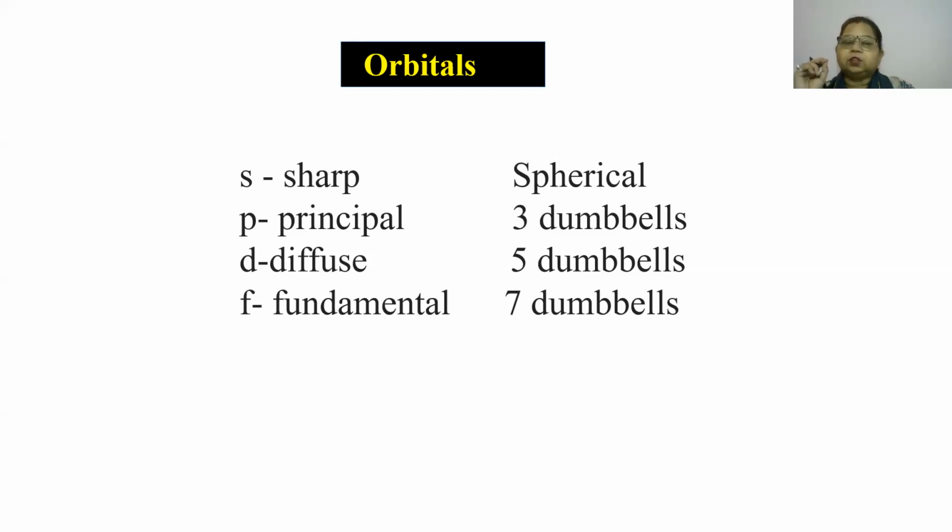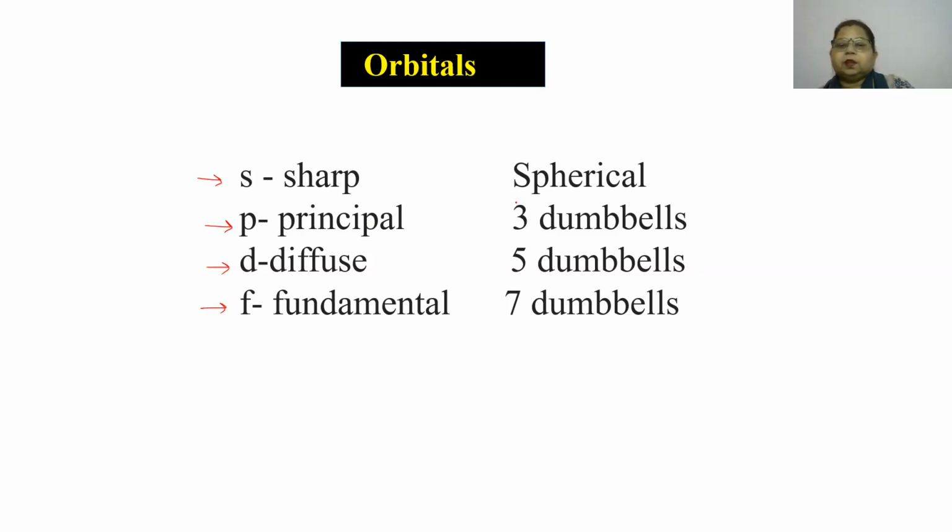But we need to focus only on s, p, d, and f. Here, s, p, d, f do not have the meaning of sharp, principal, diffuse, or fundamental. It is just to indicate the name: s orbital is obtained from the word sharp, p is principal, d is diffuse, f is fundamental, right?